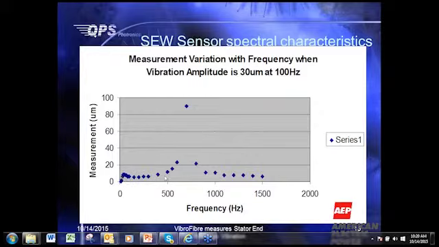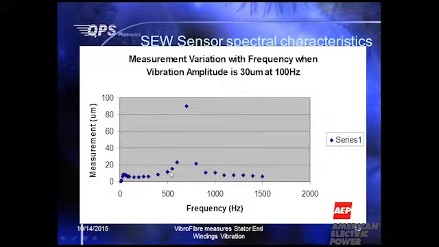You must have a sensor that will not provide some additional harmonics, because you need to interpret the problem associated with your generator, and I will explain a little bit when we come to the trending of the vibration.